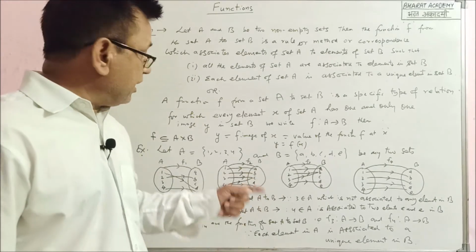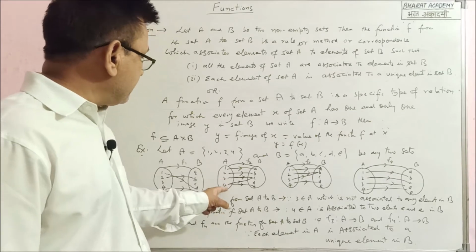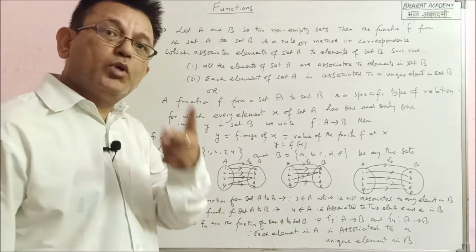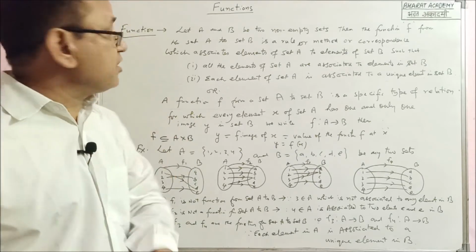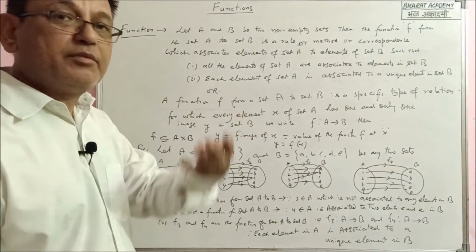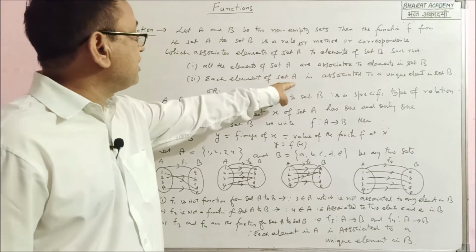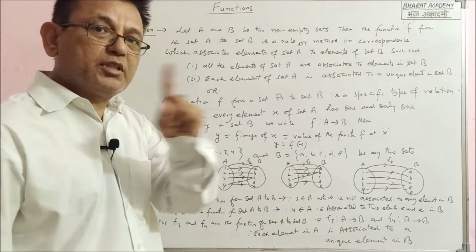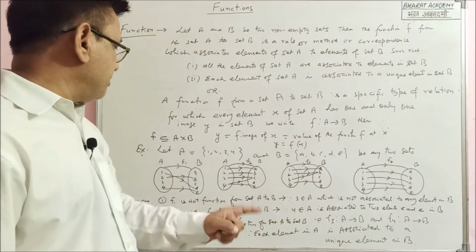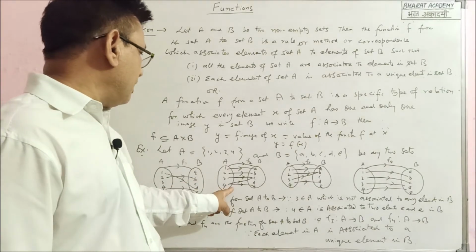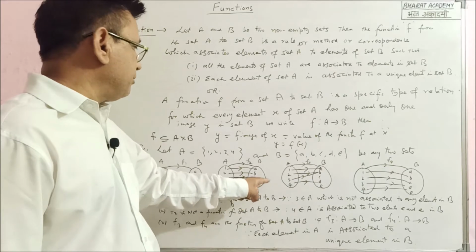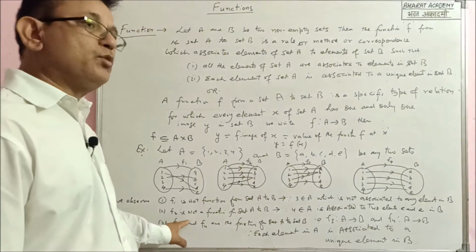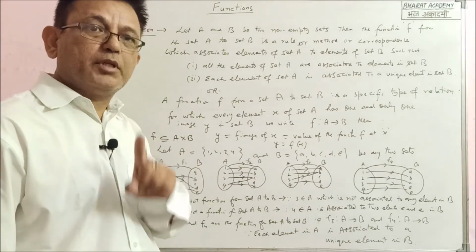What does it mean? One single element in A has two images, which cannot be the case of the function. What is the definition of function? Each element of set A is associated to a unique element in set B, but in this case 4 is associated to two elements c and e in B. Again, this f2 is not a function from A to B.